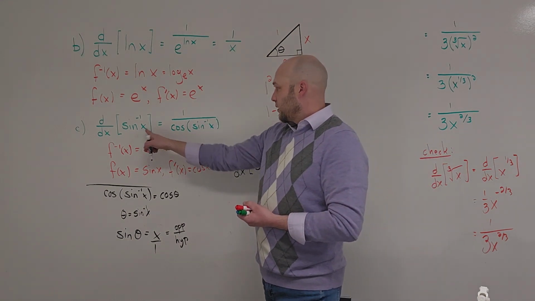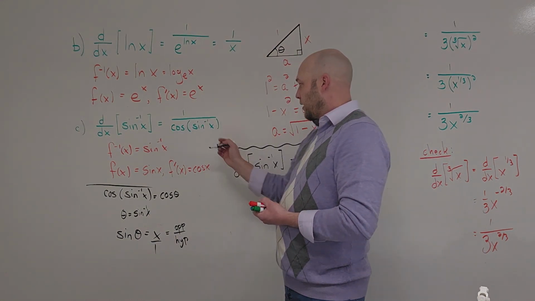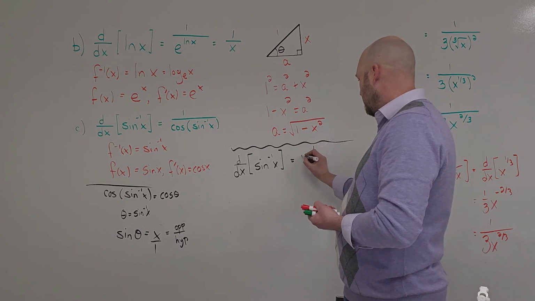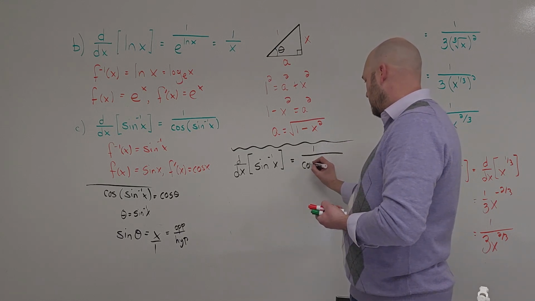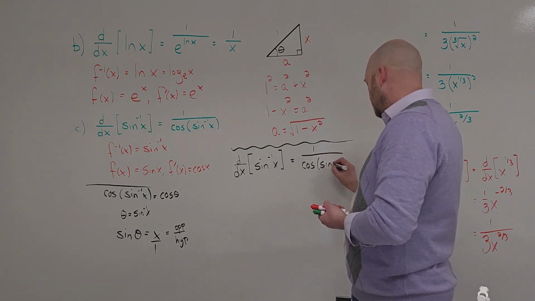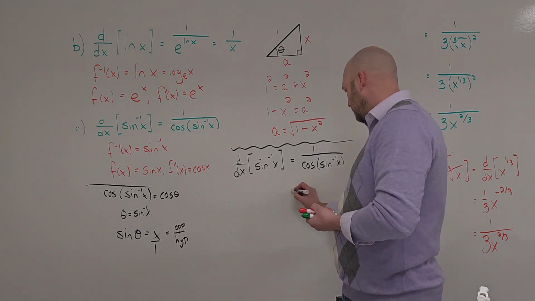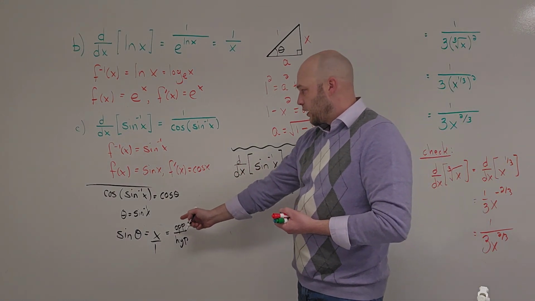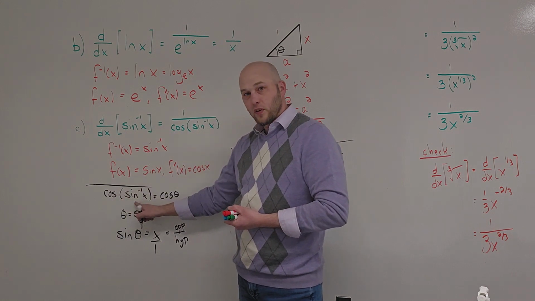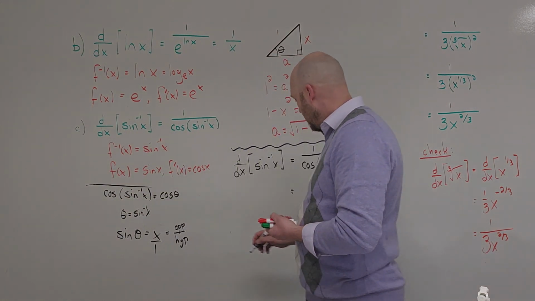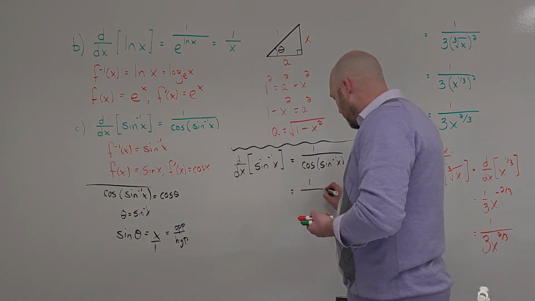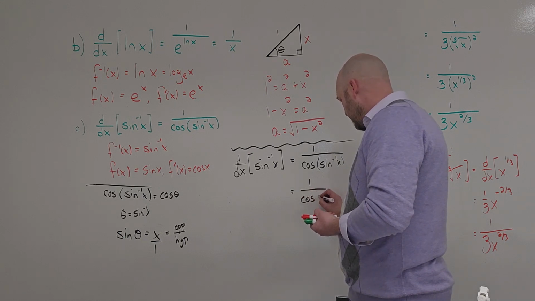What we found is it's the reciprocal of cosine of sine inverse. Through this work over here, we rewrote cosine of sine inverse as the cosine of theta. This would give you the reciprocal of cosine of theta.